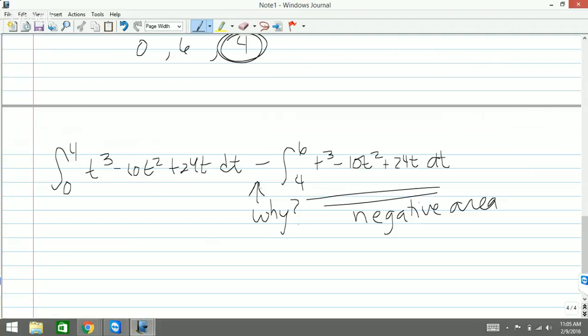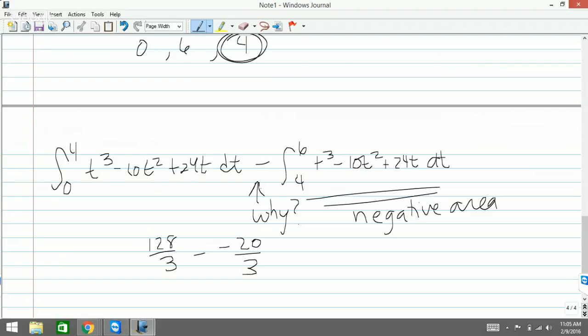So, do we need to go through that whole thing? I mean, it's just two different integrals, okay? And then you subtract them, and these are the numbers you get.